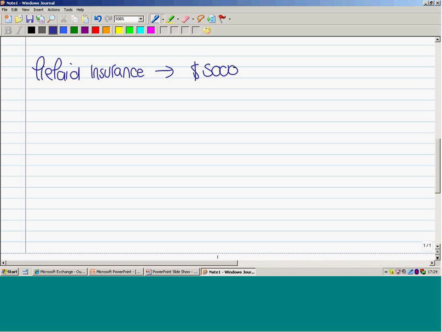So what's actually happened? What's the double entry for us paying this insurance? What is the double entry for insurance?